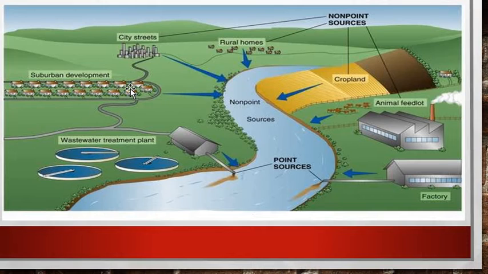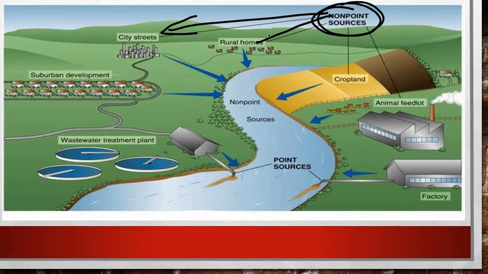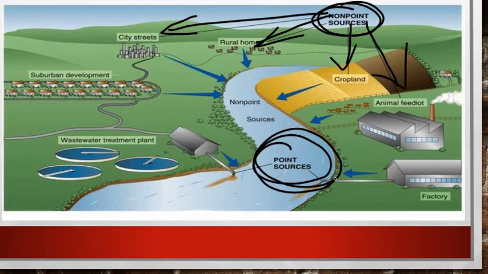You can see the figure which I have included here for you. These are all the non-point sources, that is city streets, rural homes, cropland, animal feed lots. Next, the point source. Just now we saw the question on the point source as well.